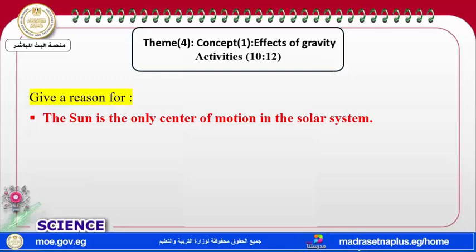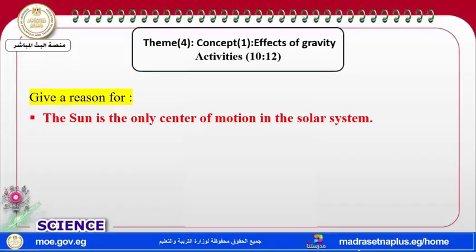Now, let's solve this question. Give a reason for: the sun is the only center of motion in the solar system. The sun is found in the center of the solar system.